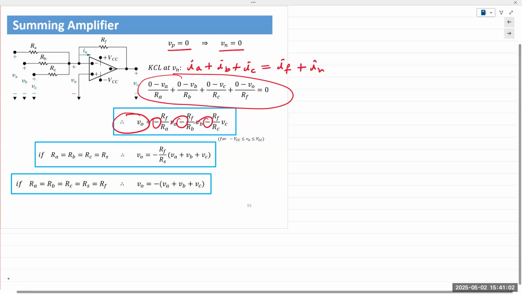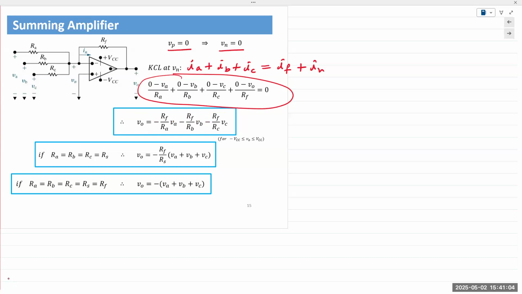If this was a non-inverting summing amplifier, the gain would be 1 plus RF over RA times VA.